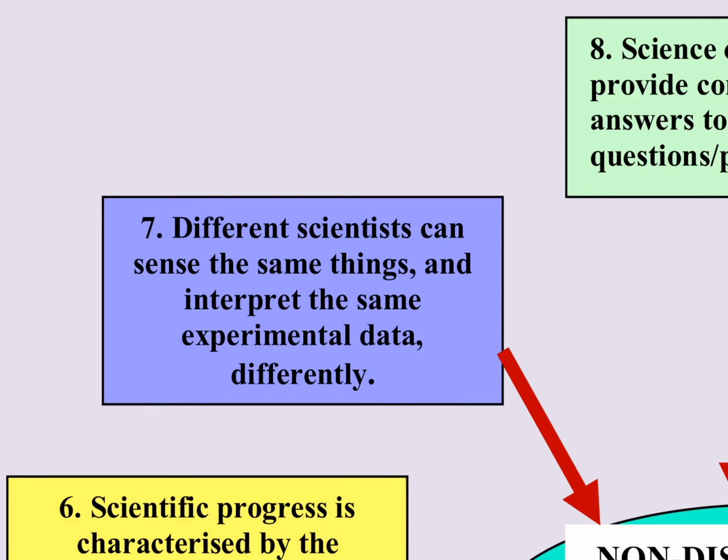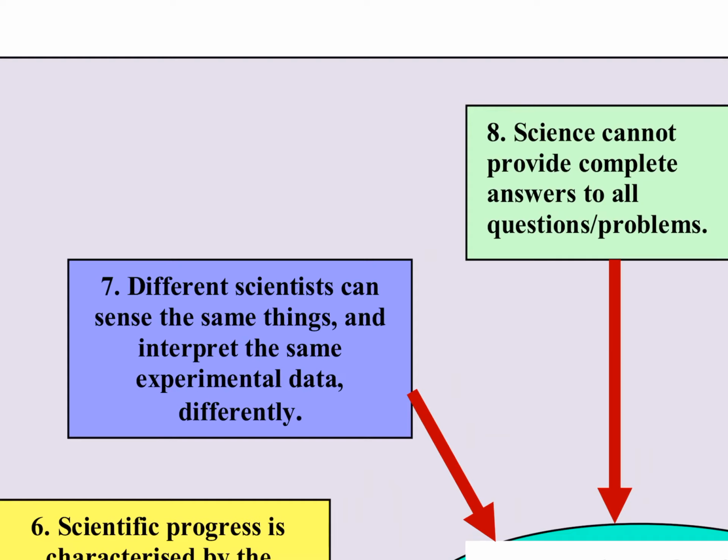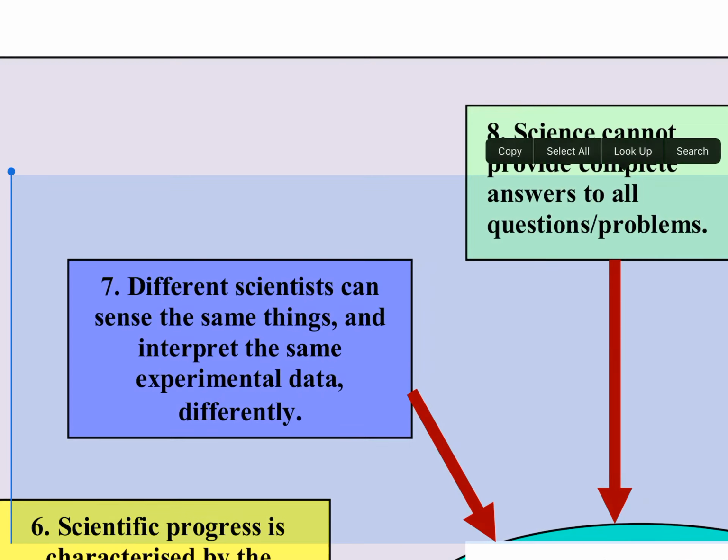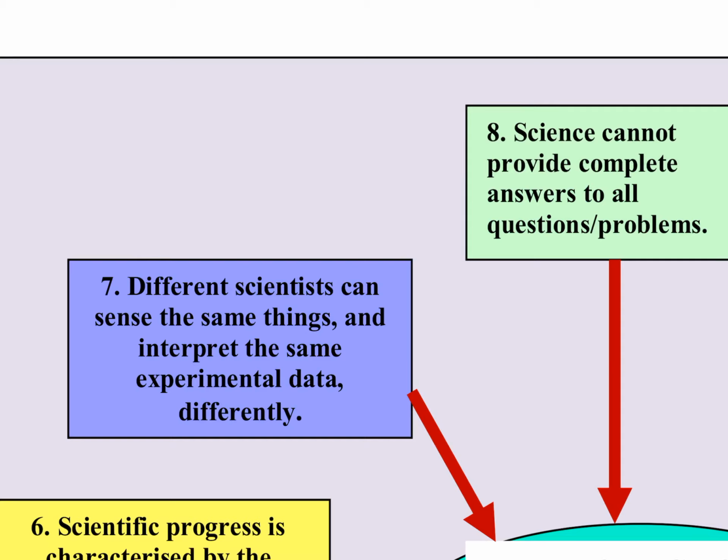So this type of possibility is also there: while doing research, it is not necessary that the way I interpret my result should be similar to another scientist who finds the same result by doing that experimentation.